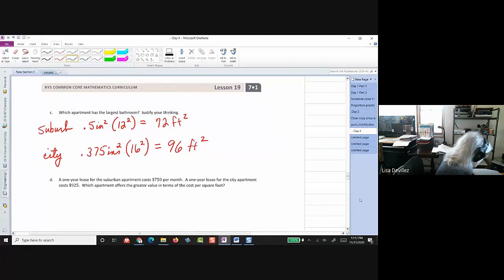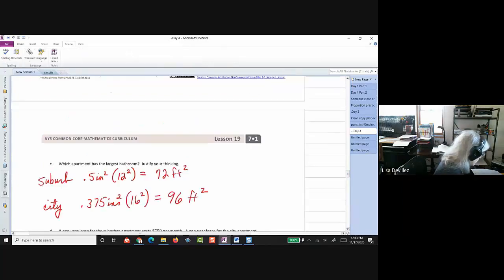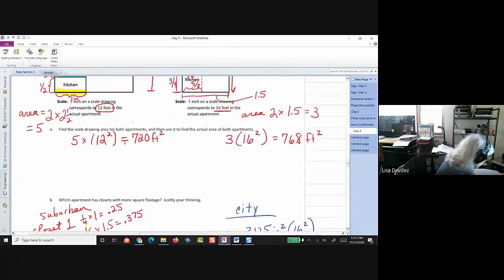For the city, it's $925. Which offers the greater value in terms of cost per square foot? Okay, so let's go back up where we calculated the square footage. So we had 720 square feet for the suburban one and 768 for the city.